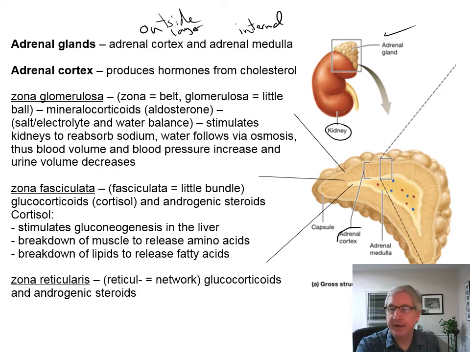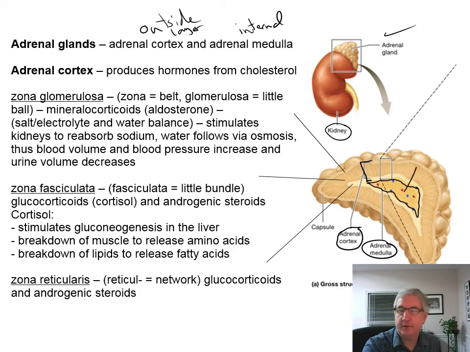Here's your adrenal cortex. It's a cross section through the kidney, and here's your adrenal medulla. So here's your cortex, this region here, and inside that is all the medulla. That's medulla, and this is the cortex. That's adrenal.